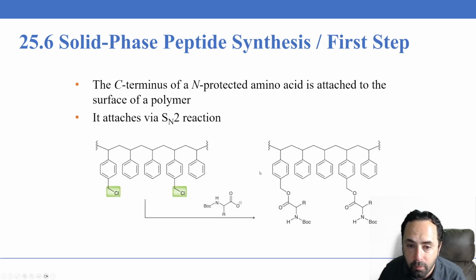So for example, the C-terminus of an N-protected amino acid is attached to the surface of a polymer. So here's the polymer. It's polystyrene, and we have some alkyl halide groups here. It's similar to polystyrene, but we have some alkyl halide groups here, and this is a benzyl group, and so the benzyl group can be used to protect the C-terminus side.